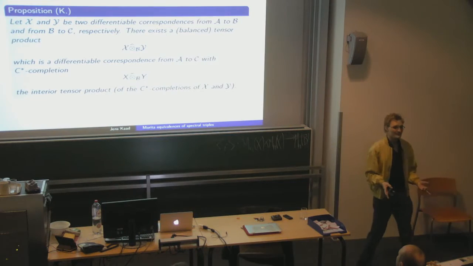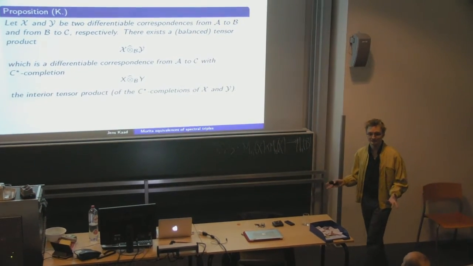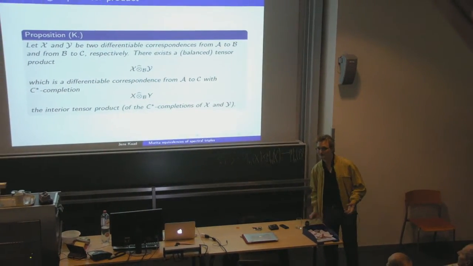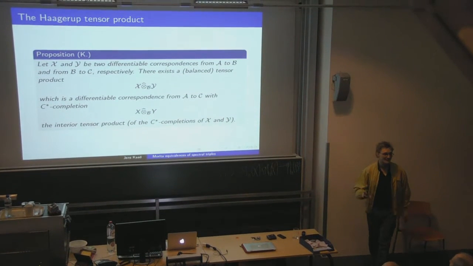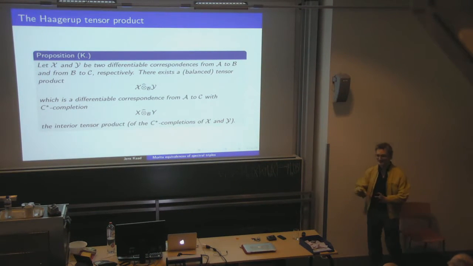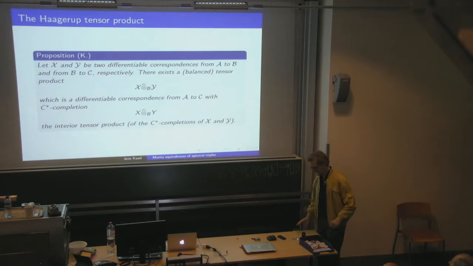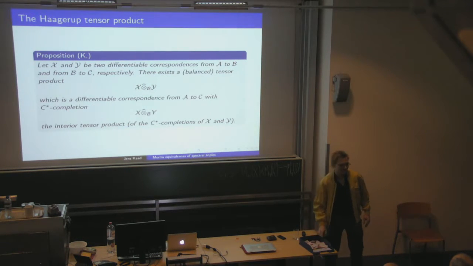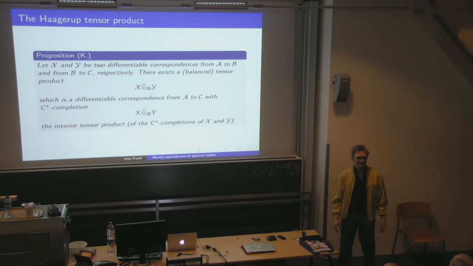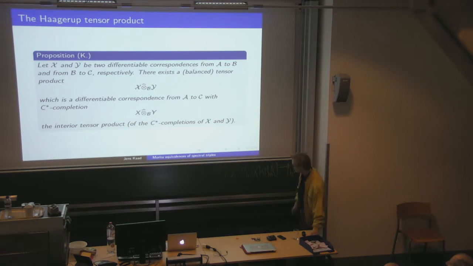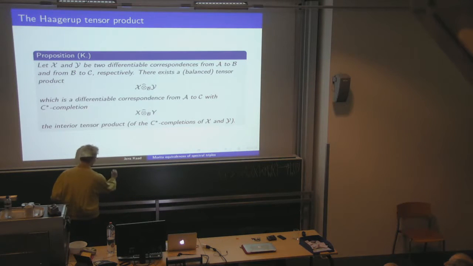And the C-star completion is going to be the interior tensor product of the C-star completion of x and the C-star completion of y. So everything matches up very nicely here. How does the Hermitian form on the tensor product work? So it's the usual formula. So it's psi1, it's a 1.